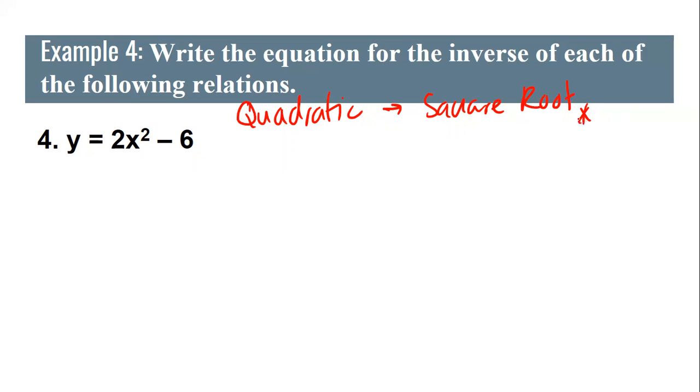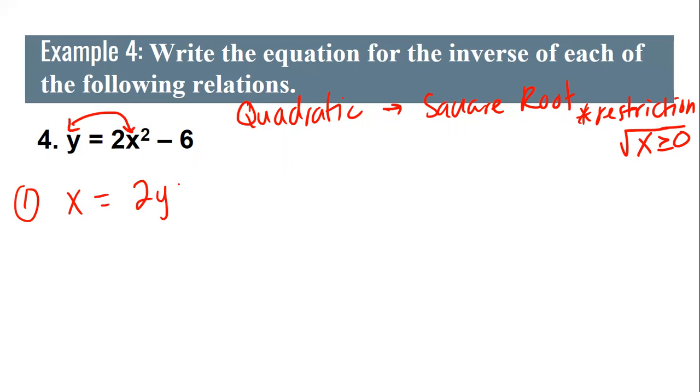Okay, so keeping that in mind, our inverse is a square root. What that means is that there's going to be some type of restriction. And that's because underneath the square root, what can we not have? No negatives. This has to be greater than or equal to 0. So when we are switching x and y, we end up with x equals 2y squared minus 6.